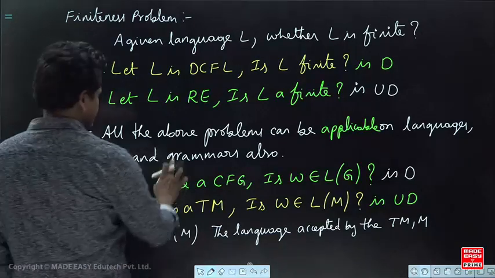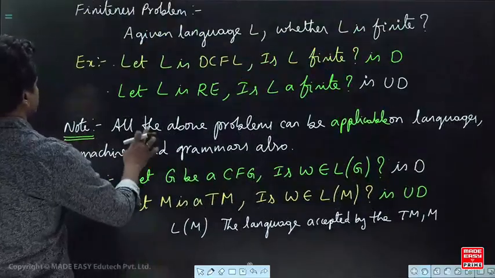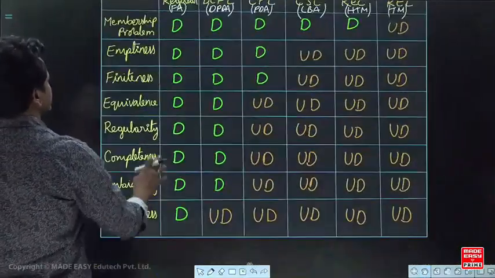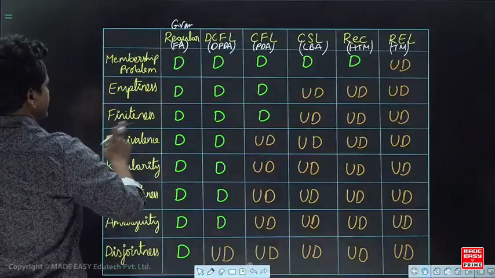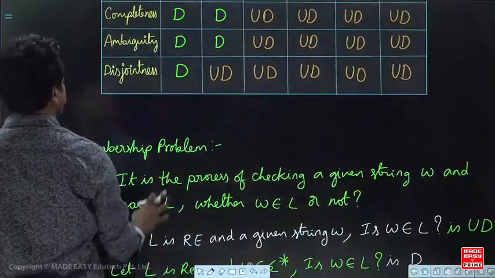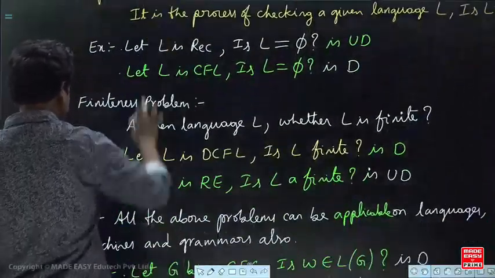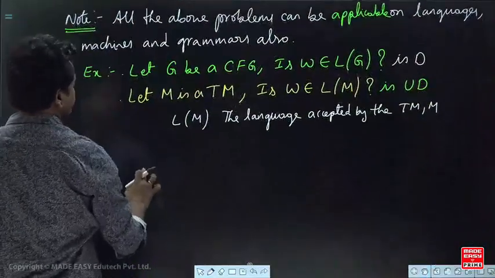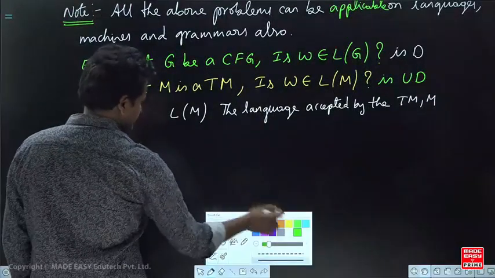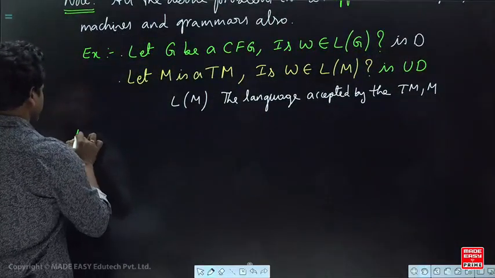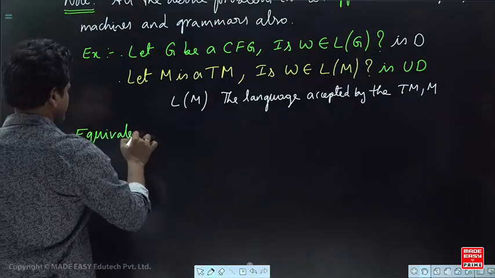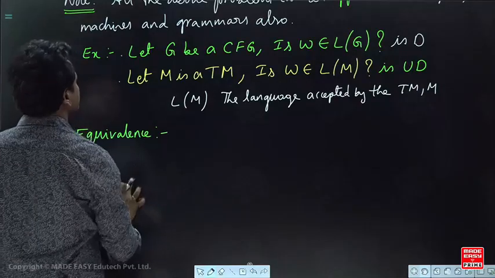Okay. Now guys, this is about finiteness. We have done membership, emptiness, finiteness. Now equivalence. Equivalence problem.